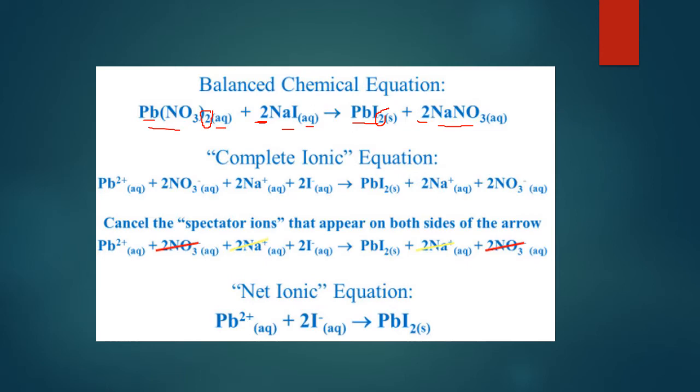Now, over on the product side, notice we have S for lead-2 iodide, and we have AQ for sodium nitrate. The reason we have S for lead-2 iodide is because that's a solid. And you can use your solubility tables to figure out if it should form a solid or not.